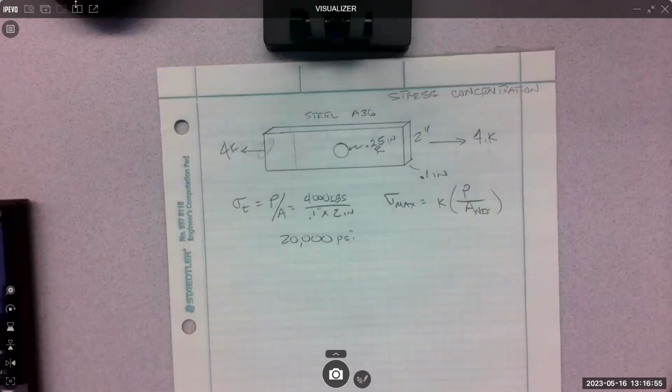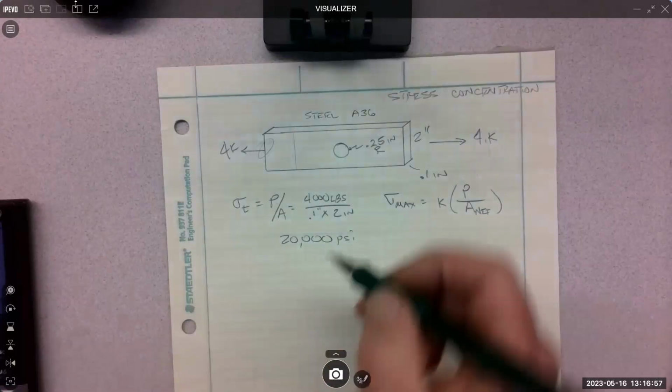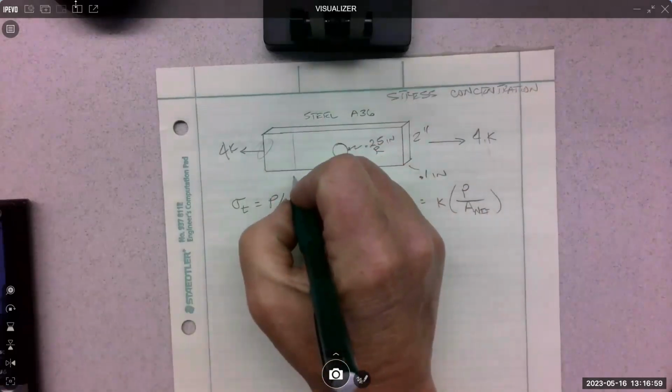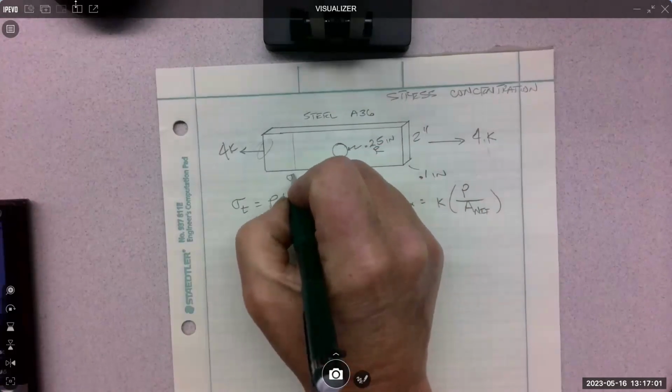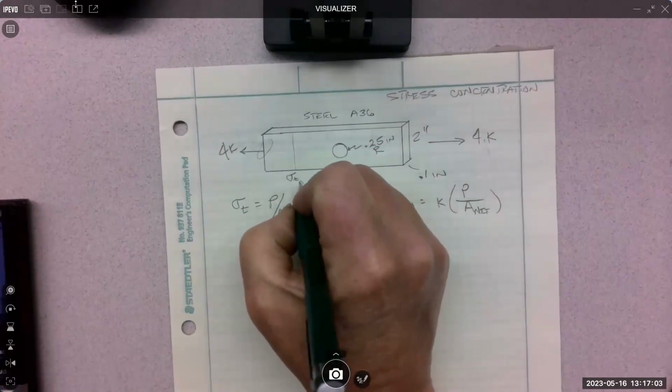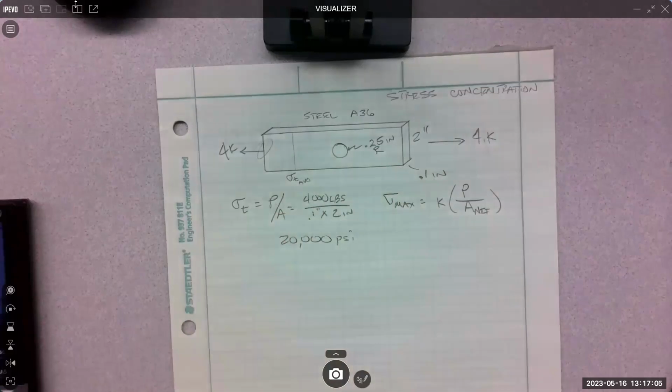So the average stress, this stress right in here, this is tensile stress average, away from kind of everything, right? It's 20,000. At least that's what I get.